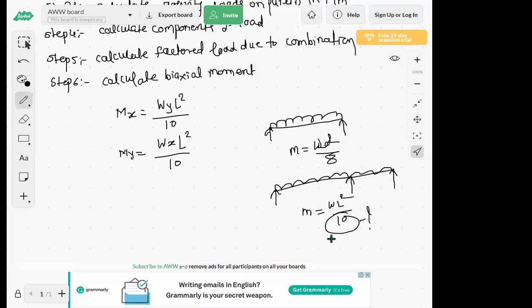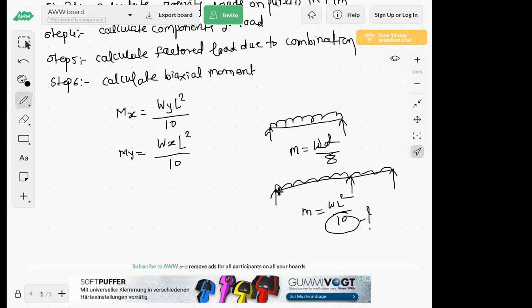The bending moment for purlin is M equal to WL square by 10. So Wx and Wy are the x and y component loads. Keep in mind why 10 is there: because purlin acts as a continuous beam. So for Mx and My, instead of 8, 10 is there.